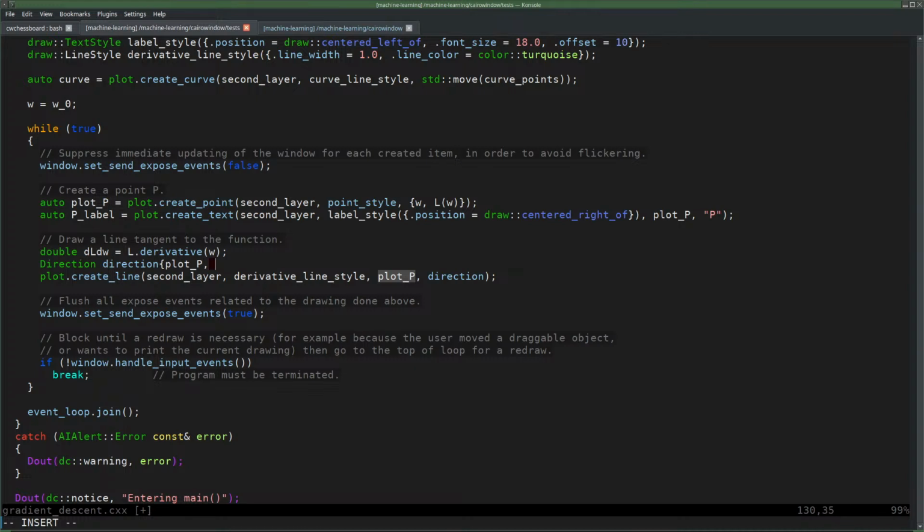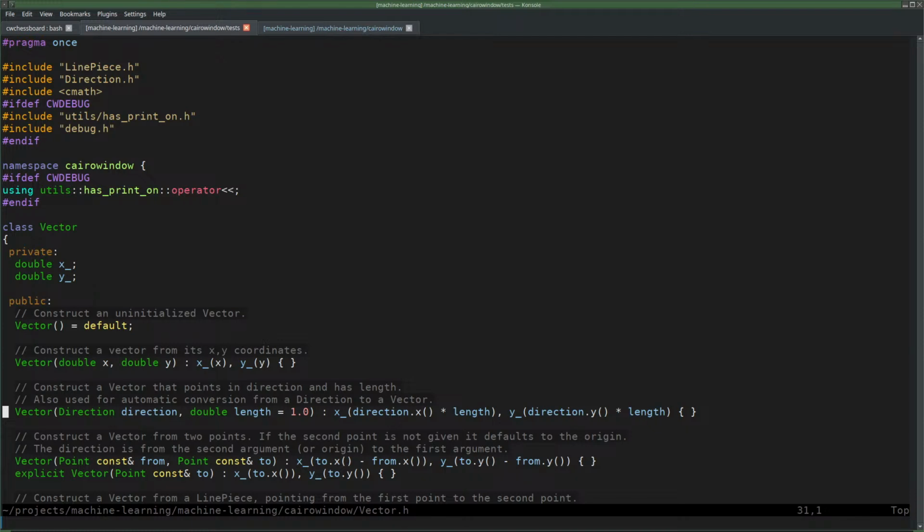So the second point must be that point plus something that resembles the derivative, which is, I think, a vector. I can add a vector to this.